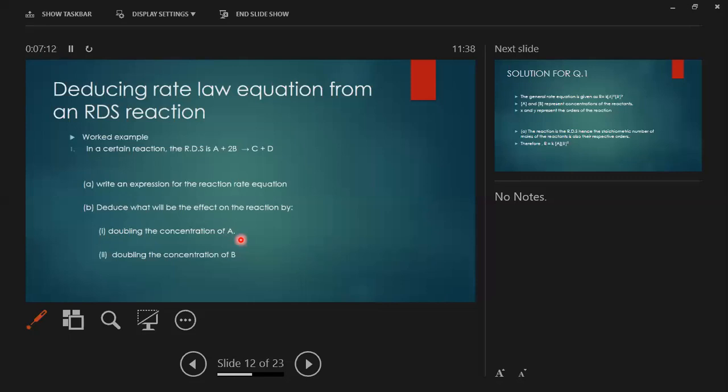The rate will also be doubled. Why? Because it's a first order reaction. Very good. Yes, any other answer?